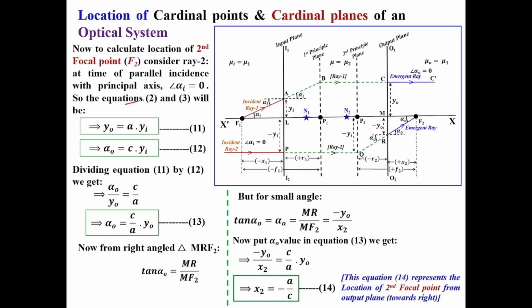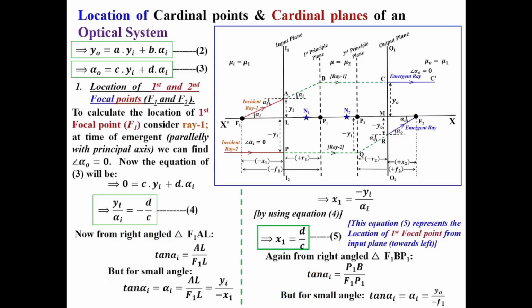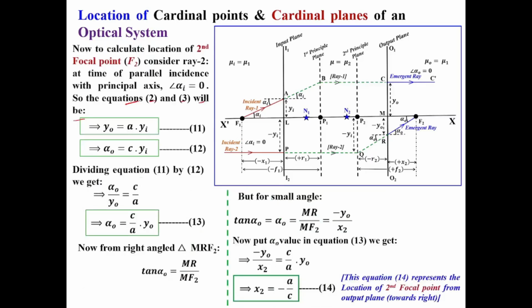So the equations 2 and 3 will be, here I am going to go to our previous slides. In equations number 2 and 3, if I substitute alpha I equal to 0, then we find Yo equal to A Yi, alpha o equal to C Yi. The same thing has been written over here: Yo equal to A into Yi, alpha o equal to C into Yi.